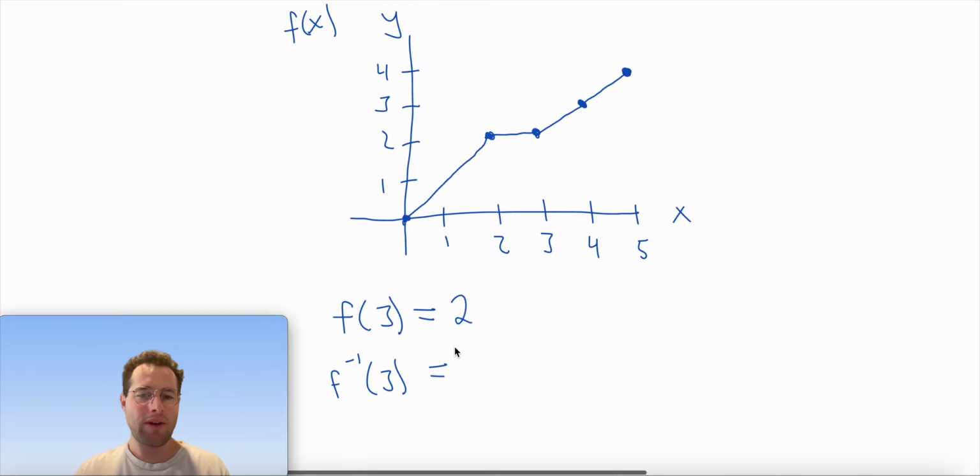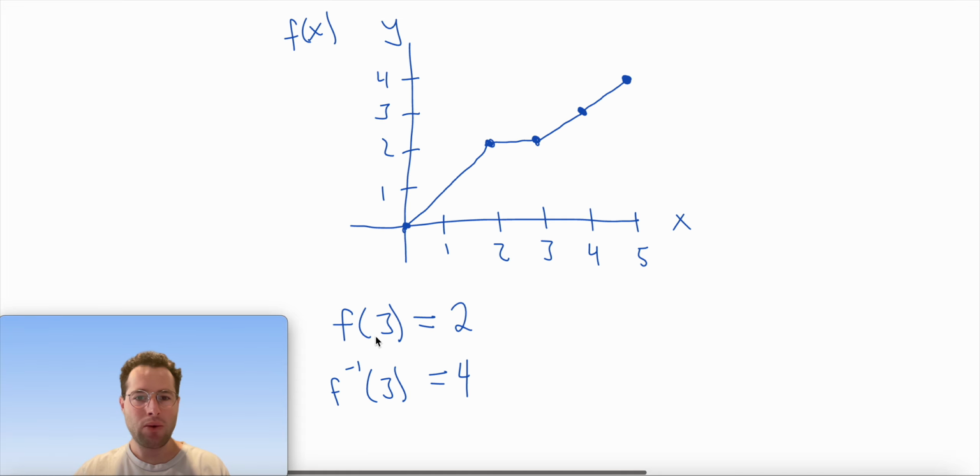In order to find f inverse of 3, instead of looking at the x-axis and locating 3, we're going to look at the y-axis and locate 3. Looking here, the x value when y equals 3 is going to be 4. So we're reversing the way that we do this.